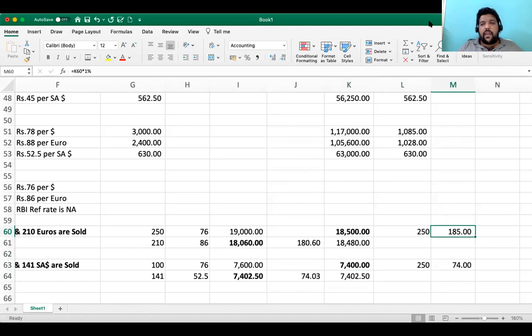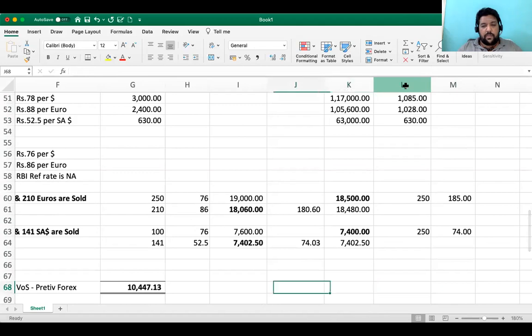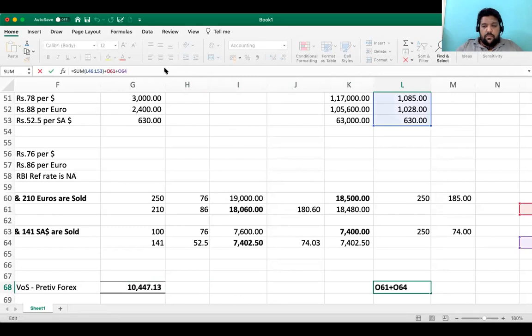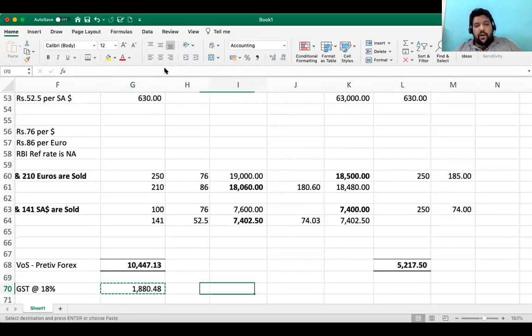So now come back here, sum up this column. That is to say, this column you have 250, 250. This column you sum up. So now you decide which method should be opted.